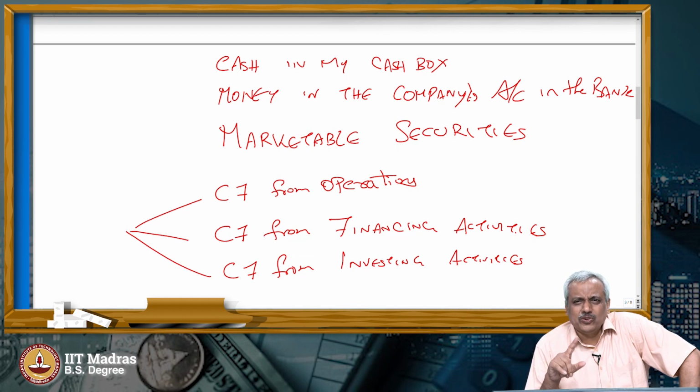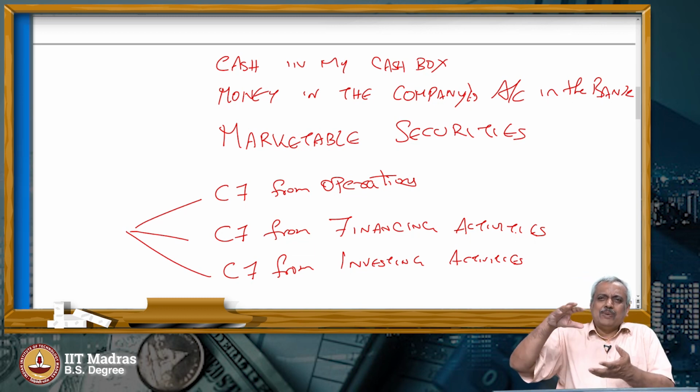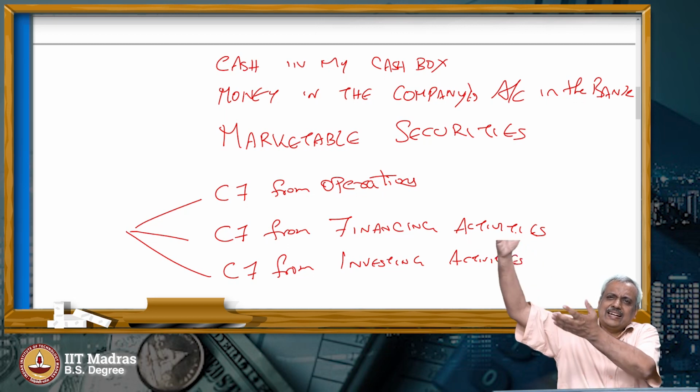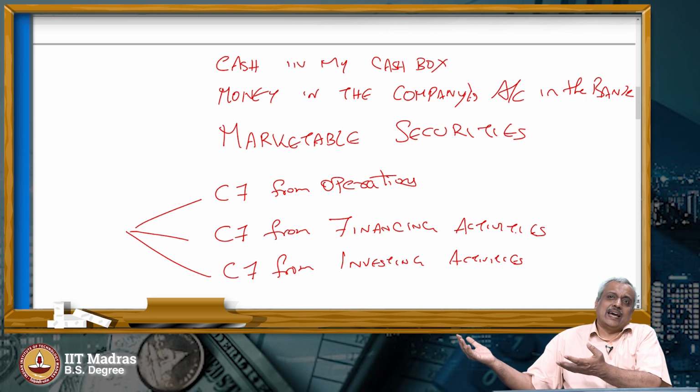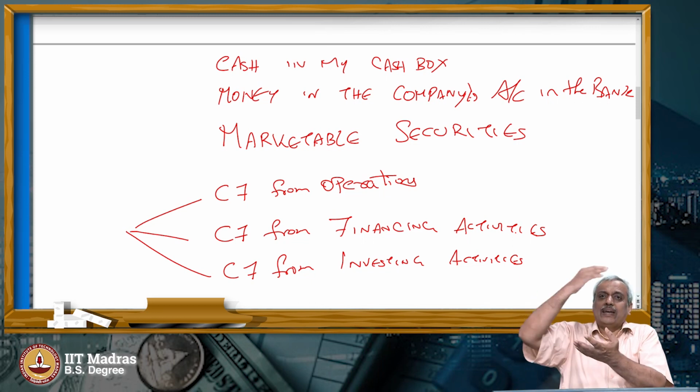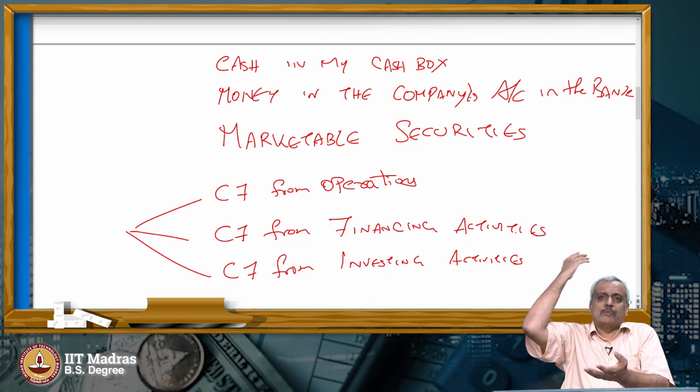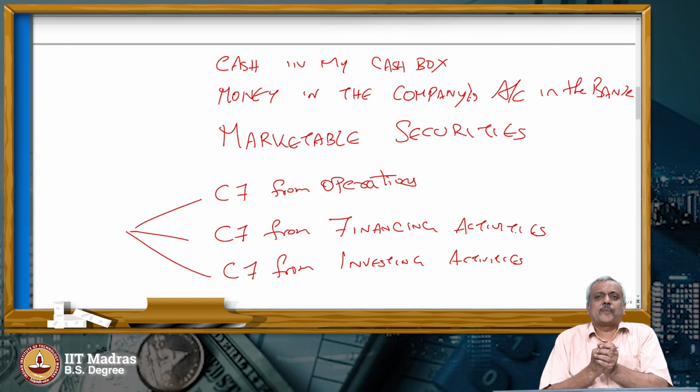For example, I use the cash to buy a machinery. I use the cash to buy a car for my company. I use the cash for whatever it is. Then what is happening? I am investing this money in creating an asset. Because that asset is going to be there performing and going to give me a return for a long time.